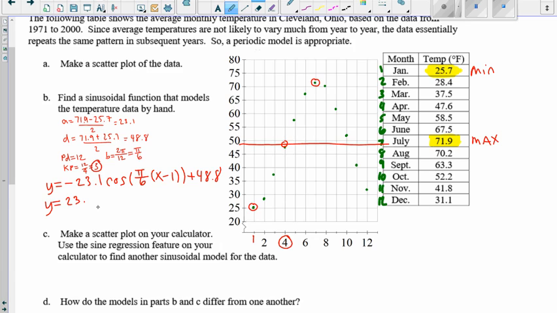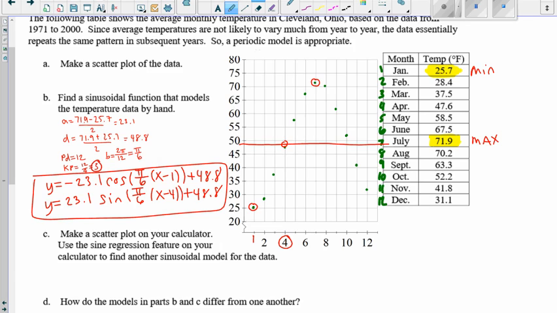So amplitude would be positive 23.1 times the sine of pi over 6 times x minus 4, because we'd have to move our graph to the right 4, plus 48.8. Of course, there are other possible answers that we could have, but these are just 2 of them. So these are the equations we get by hand.